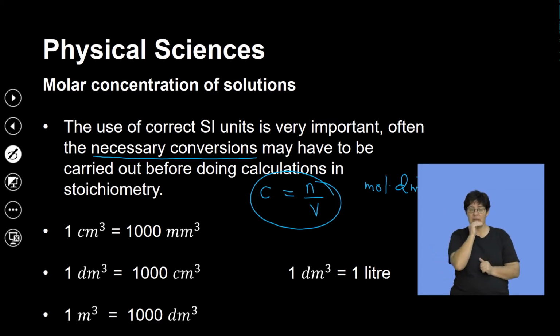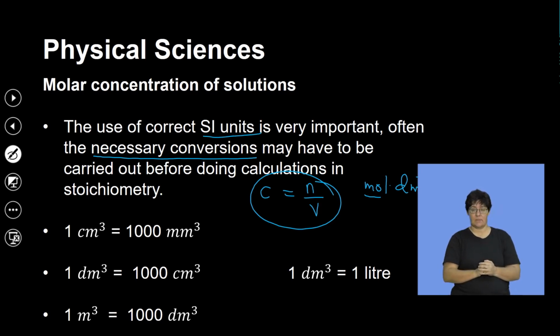Even mass has to be changed to moles. Given a mass of sample, how many moles of the solute are present in that mass? And volume must be in cubic decimeters because that's the SI unit of volume.